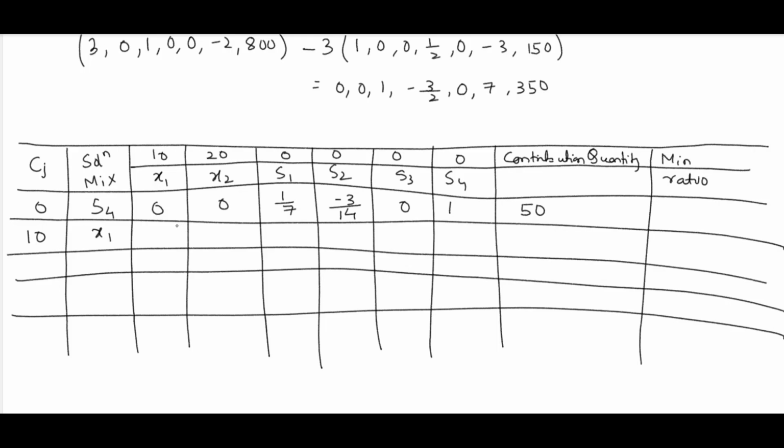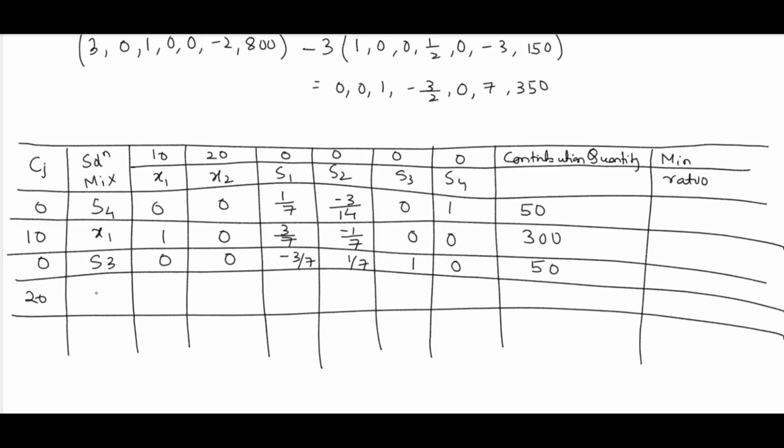So you will fill all the rows: 1, 0, 3 by 7, minus 1 by 7, 0, 0, 300. Then 0 for S3: 0, 0, minus 3 by 7, 1 by 7, 1, 0, 50.